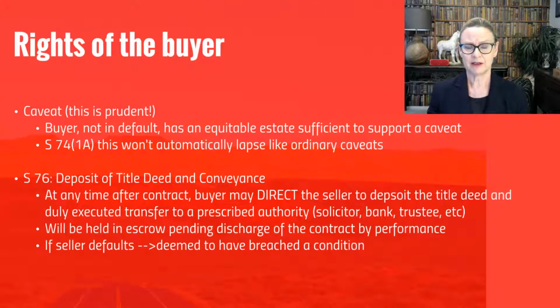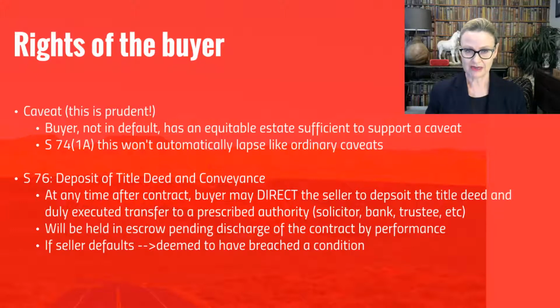Another tool in the buyer's armory, so far as an instalment contract is concerned, is that they can require, in fact direct, the seller to deposit the title deed and a duly executed transfer to a prescribed authority, and that will be such trusty people as solicitors, banks, trustees, and that kind of thing.